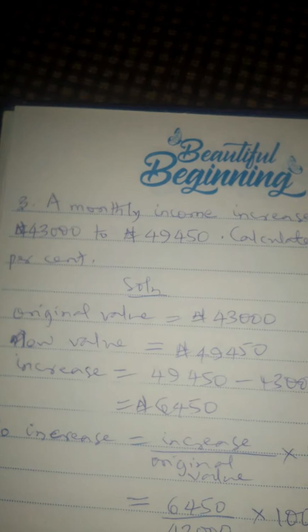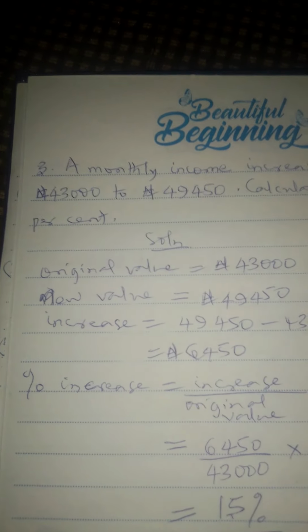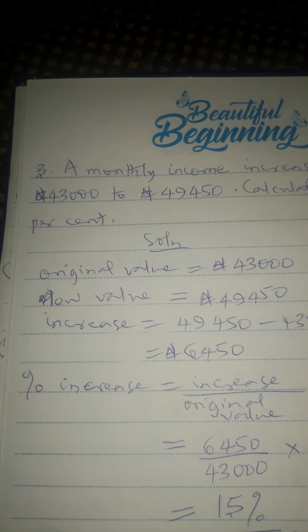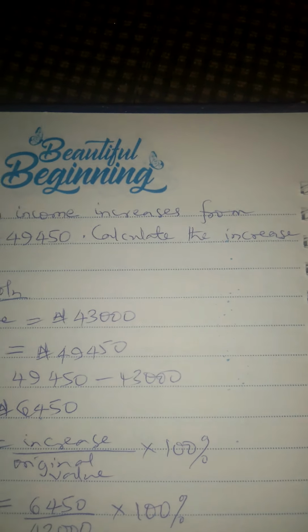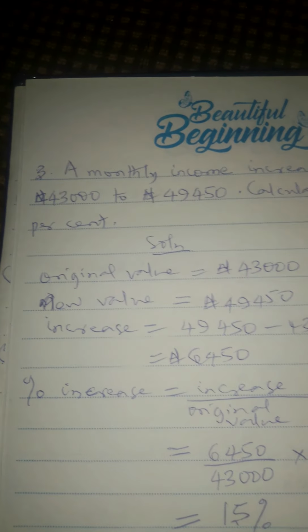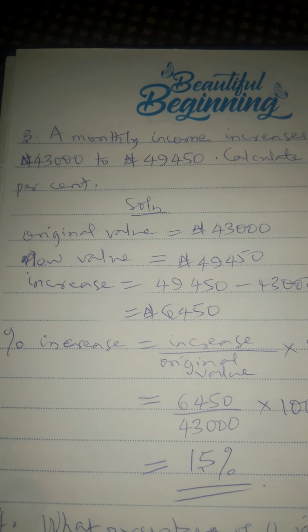Number 3. A monthly income increases from 43,000 to 49,450 naira. You have to calculate the increase percent. You itemize your values this way.